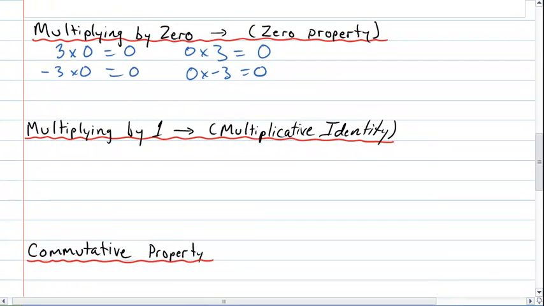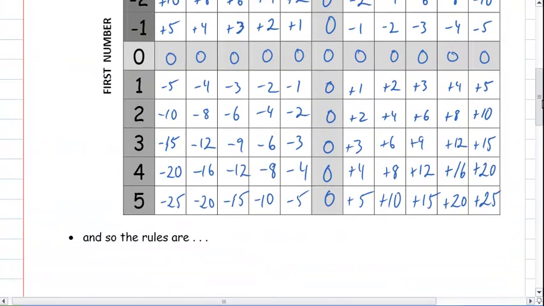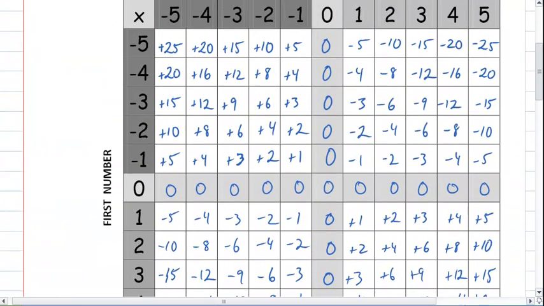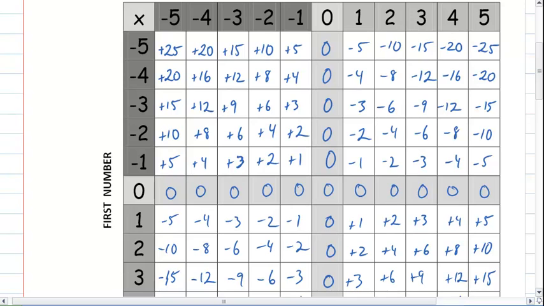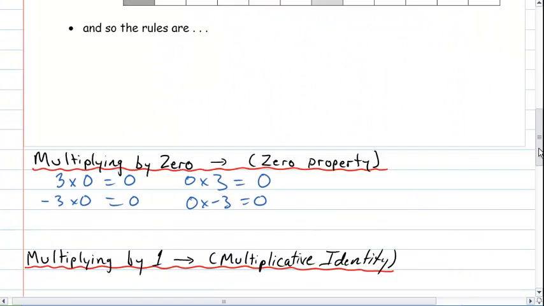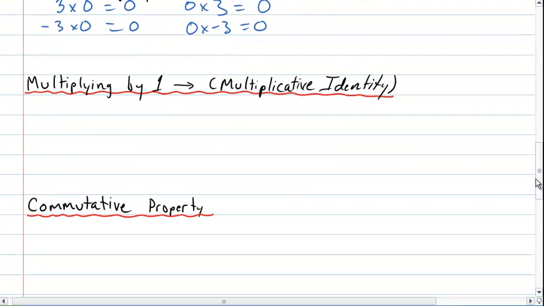Then we look at multiplying by 1. If we go back up to the chart here, anything multiplied by 1 is that same number, but you pay attention to the integers. A negative times a negative equals a positive, but the answer is the same; it just depends on whether you put a negative down.